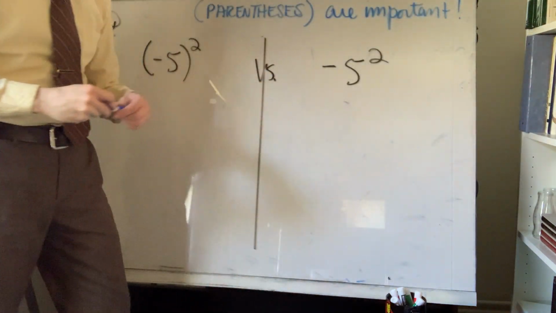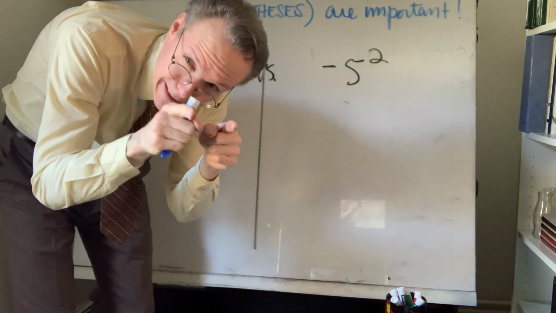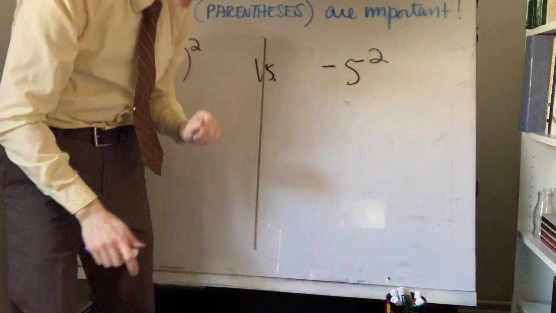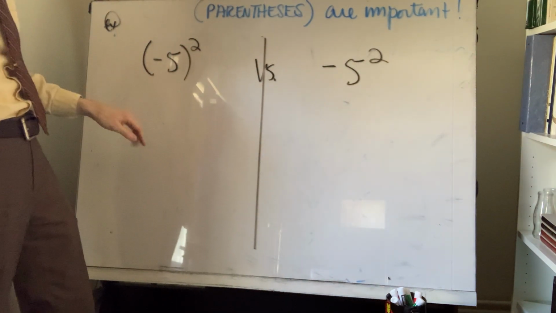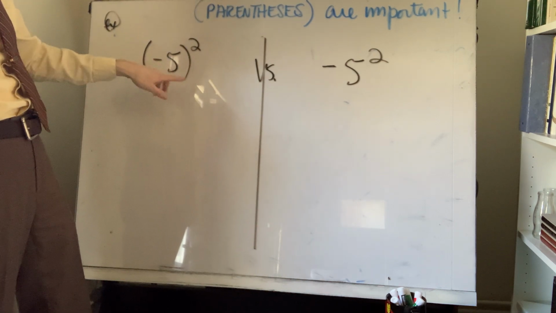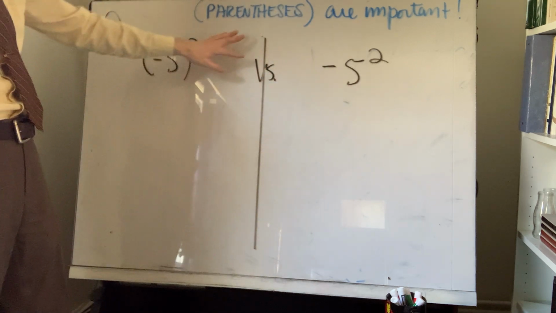They're trying to narrow your peripheral vision to just pay attention to something very specifically. It's a way of drawing attention to something. So if you see parentheses intentionally written, whether you put them there or the textbook gave it to you, just realize that it's going to be a different answer ultimately in a situation like this.